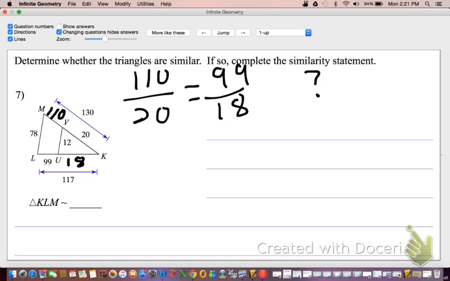And I would use my calculator to find that out. Let's go see what that is on the calculator. So I get 5.5, and I get 5.5.